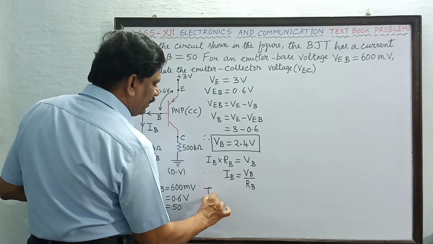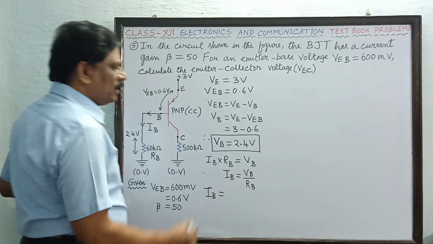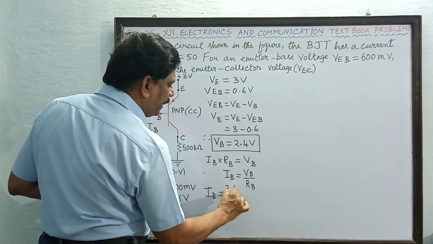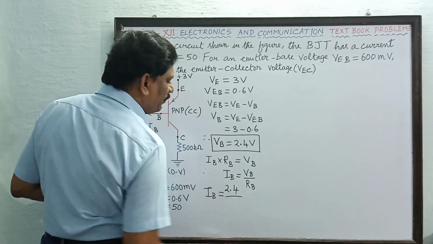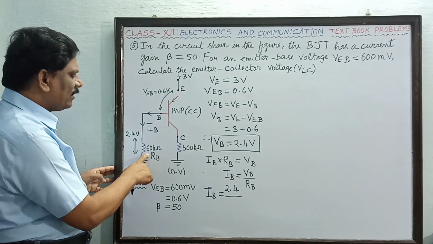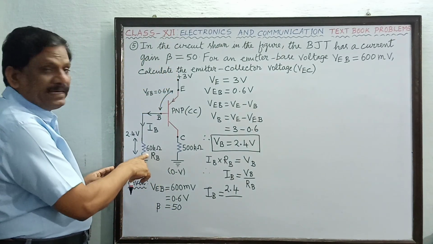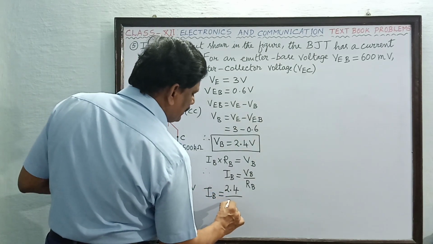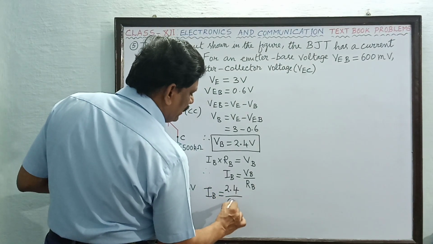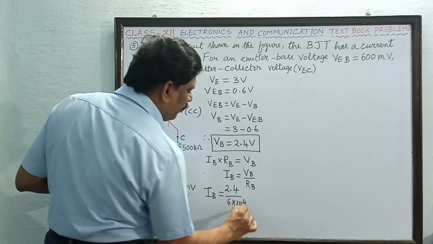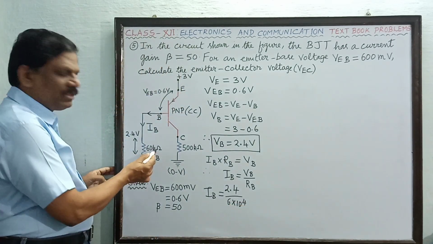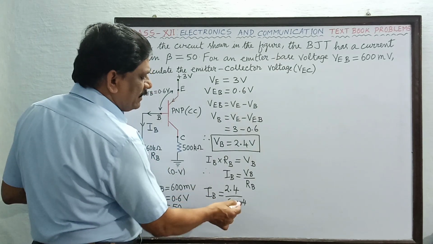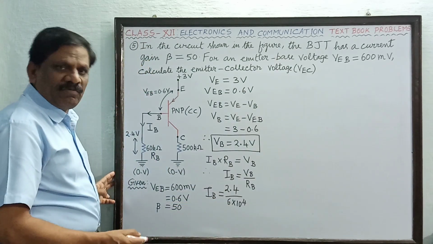That is, IB is equal to VB, which is 2.4, divided by RB, which is 60 kilo ohm. 60 kilo, so I can write this as 6 into 10 power 4, because 60 into 1000 can be written as 6 into 10 power 4.